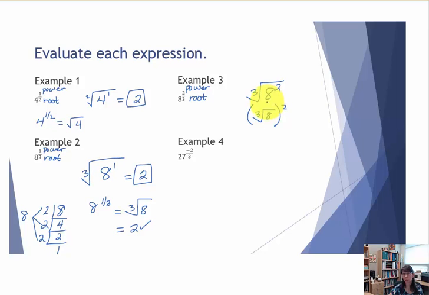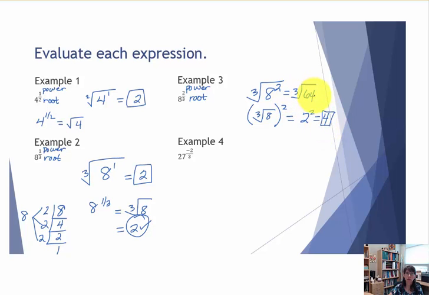Either way, we should end up with the same answer. So if I raise to the power first, that means I'm looking for the cube root of 64. If I do it this other way, cube root of 8, well, we just found that out, right? Remember, that was 2. So this says to take 2 and square it. See, that's much easier. That would make 4.